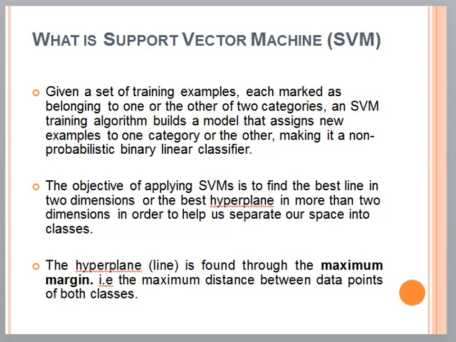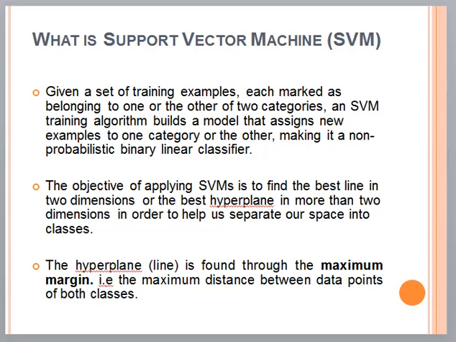The objective of applying support vector machines is to find the best line in two dimensions, or the best hyperplane in more than two dimensions, in order to help us separate our space into two classes. Now, the aim of a support vector machine is to draw a line, which we call a decision boundary, if we are dealing in two-dimensional space.